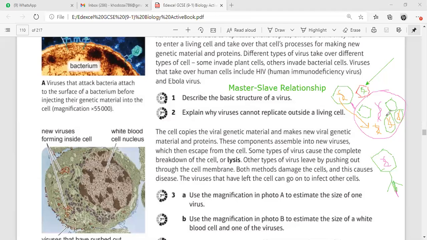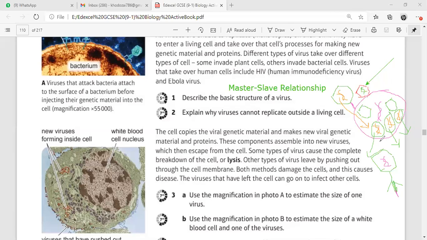The host cell. So after that, what will happen? Many viruses will be present inside, yes? So these viruses can come out. Once the viruses are very high in number, for example, these viruses will start to grow in number, so they will be so many that the host cell will burst.